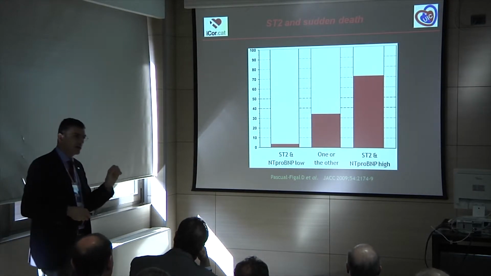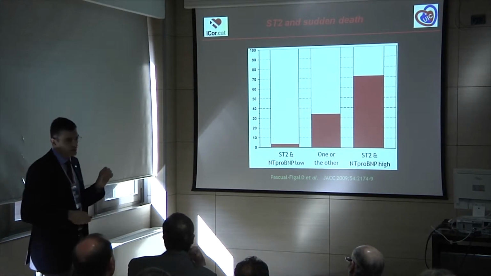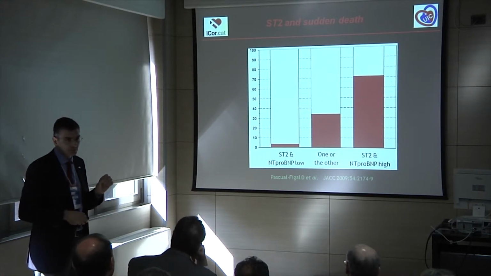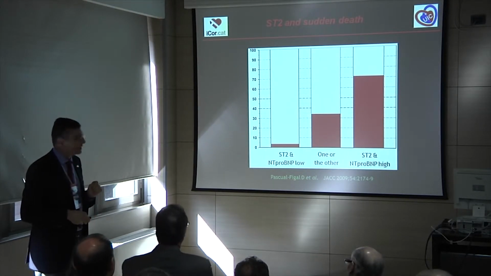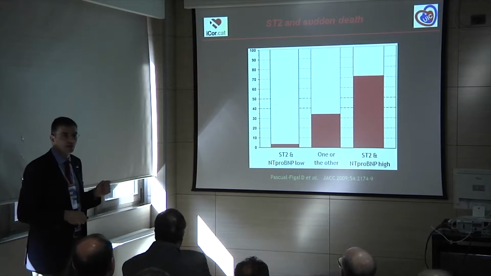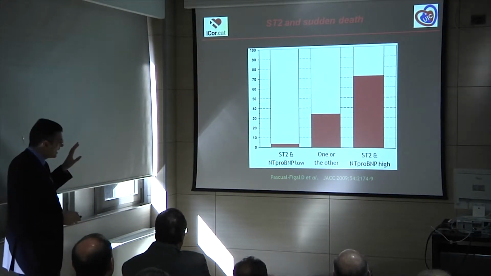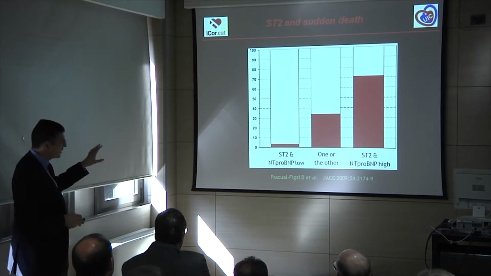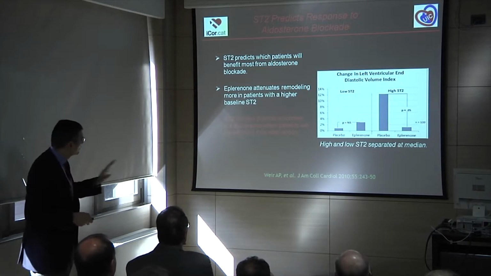If we're having cost constrictions, we want to use our devices for the patients that really need them. So it's much cheaper to measure these two biomarkers than to spend 25,000 euros on a defibrillator. So this is something that we are considering, and hospital directors and clinic directors are starting to take this into account. I'm not going to go any more into these slides.